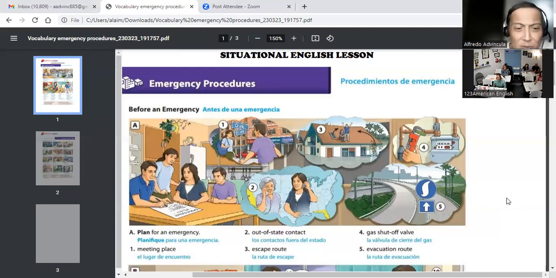So planning for an emergency, we can see here, is letter A in our diagram. Let's start with number one. They mention the term meeting place. Let's repeat. Meeting place. Meeting place.